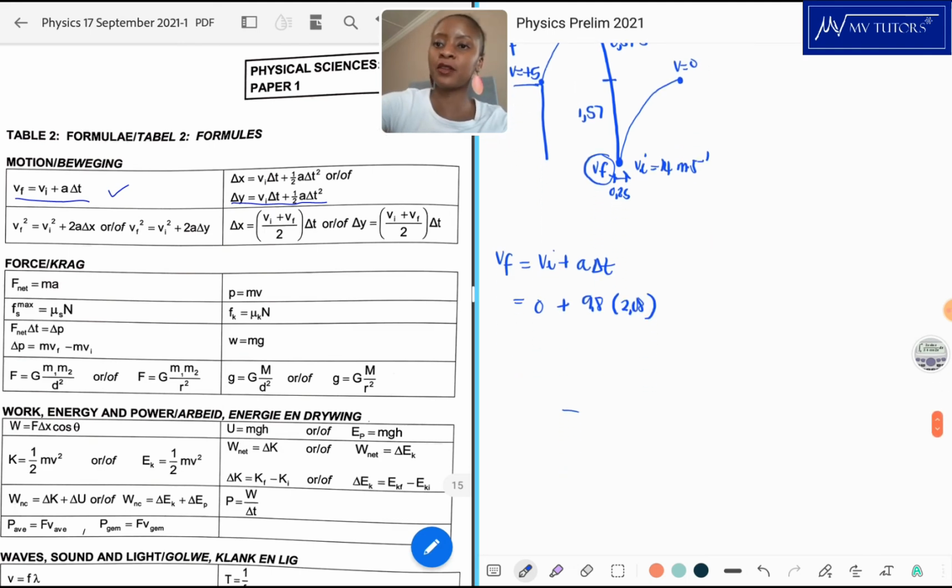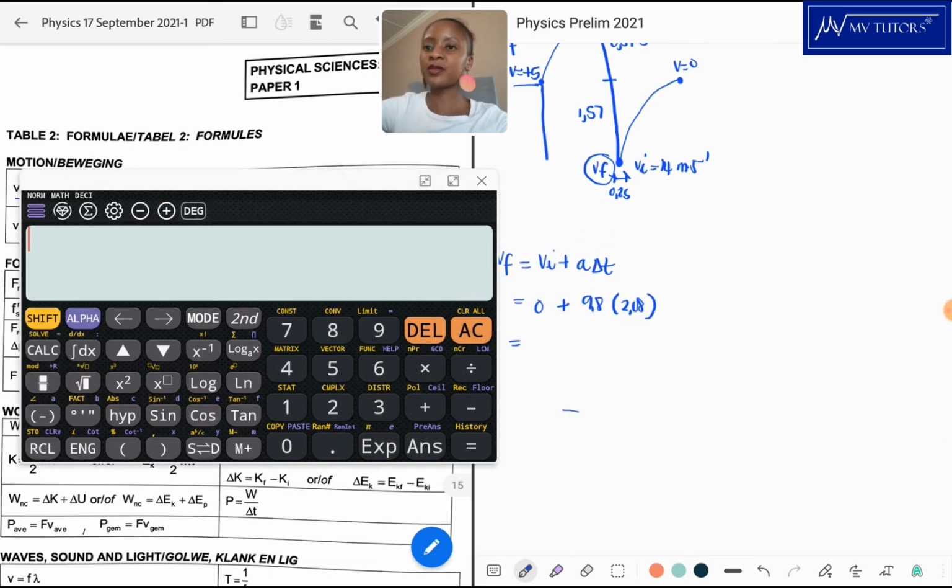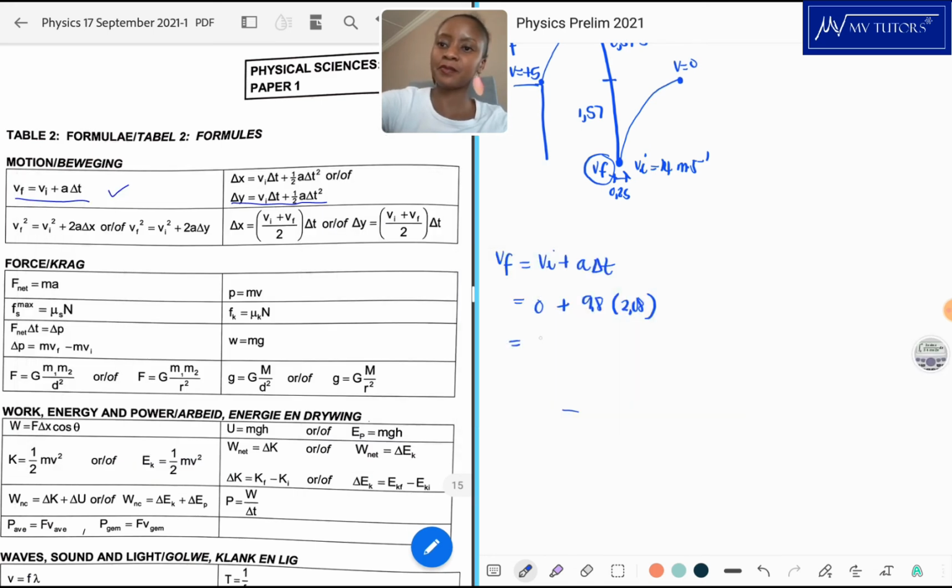So our final velocity when it reaches the ground, 9.8 times 2.08, is 20.38 meters per second. Okay, but then when it rebounds, it's now 14 meters per second.